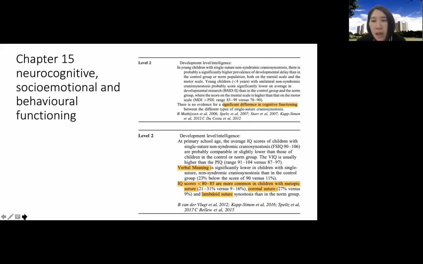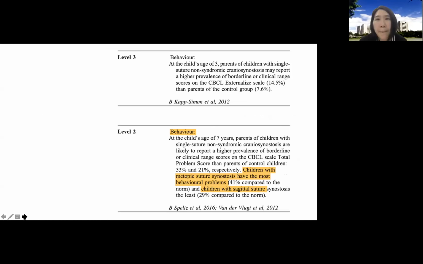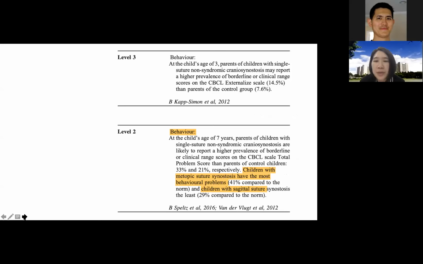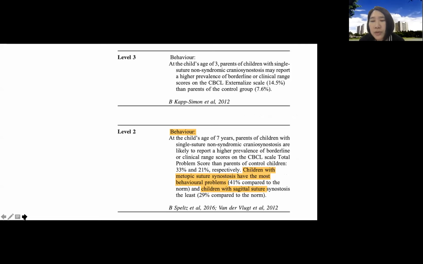Also, lower IQ is common in children with a metopic suture, coronal suture, and lambdoid suture. For the behavior, they found that children with a metopic suture synostosis have the most behavior problems. The children with a sagittal synostosis have the least.